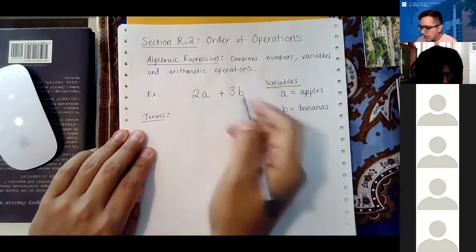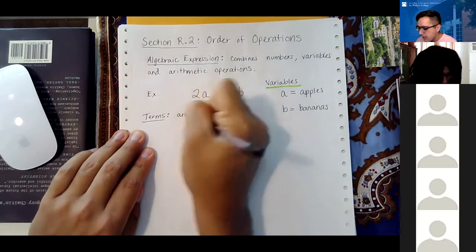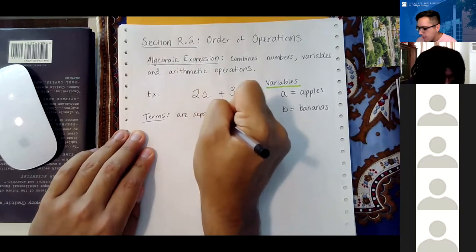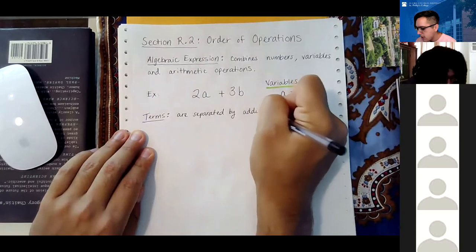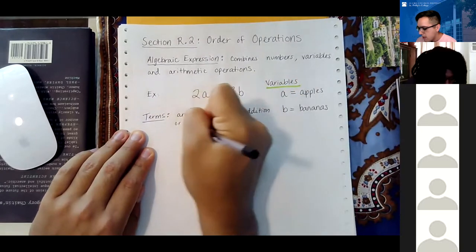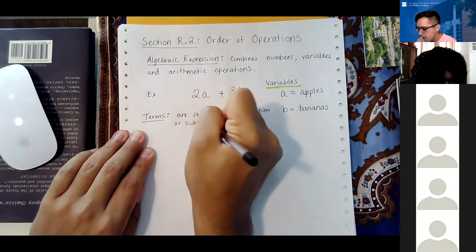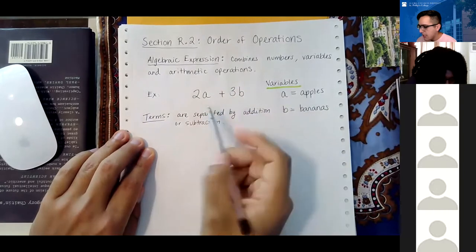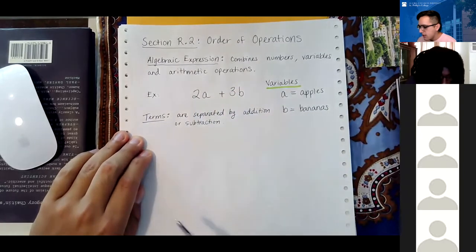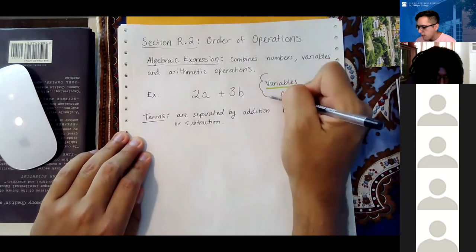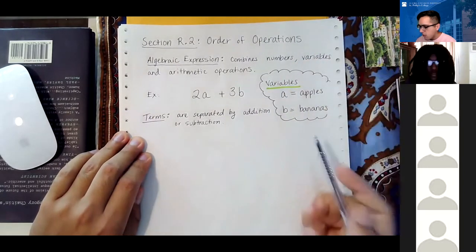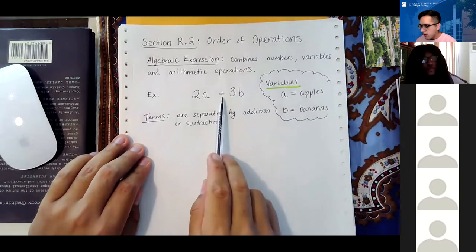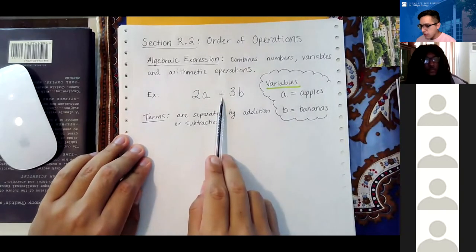And in an algebraic expression, terms are separated by either addition or subtraction. So can anybody tell me how many terms are in this expression here? Just one term? Well, 2. The addition symbol is separating our terms here.